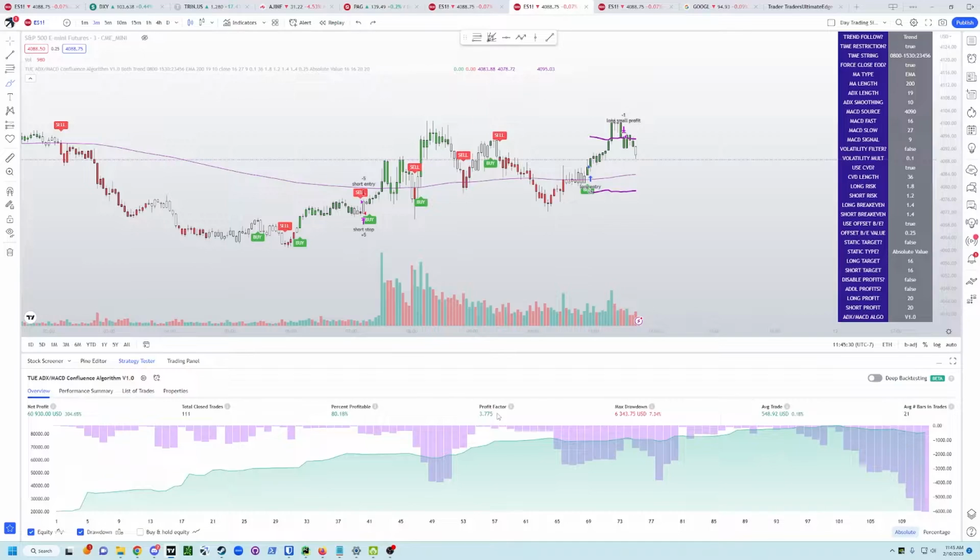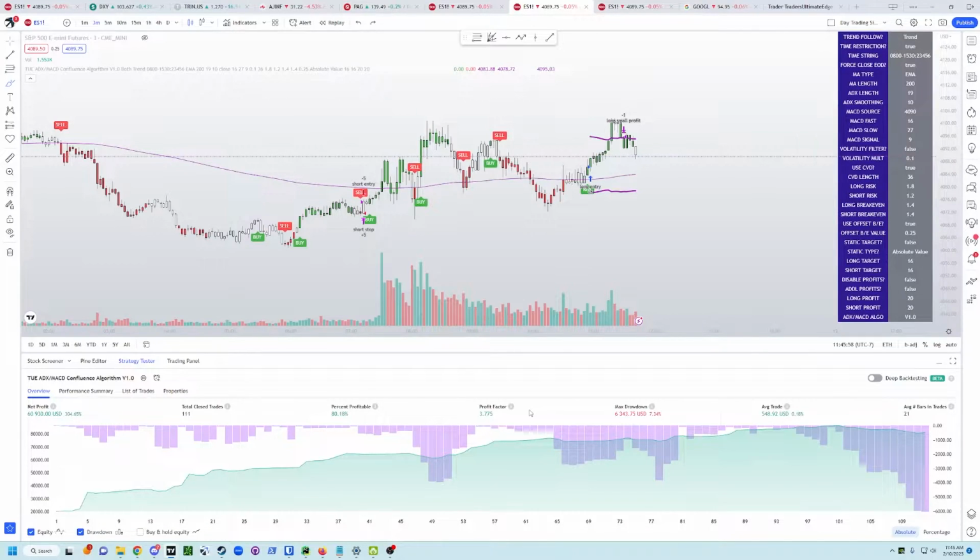All right, we've got the profit factor. This is essentially, well, it says it right here, gross profits divided by gross losses. If you lose $100 on average when you take a loss, but when you take a win, you make $377 on average, you get a 3.77 profit factor.